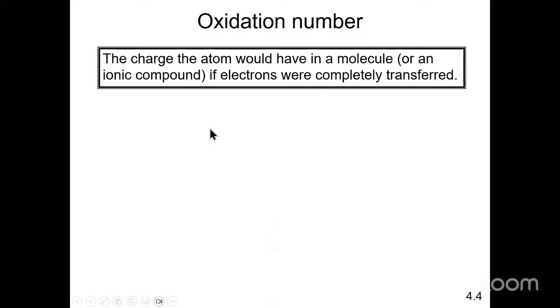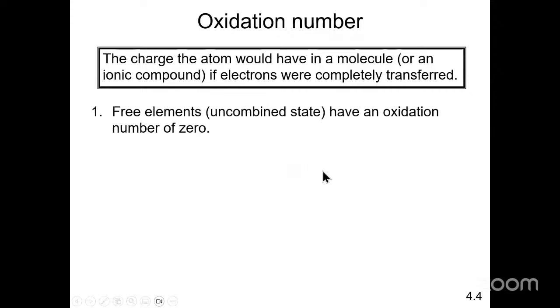As I said before, this is going to be a bit of a review, so this should look familiar to you. We're going to go through some of the rules for determining the oxidation number of an atom in a molecule or ion. The first rule, which is probably the easiest to remember, is that free elements not combined with anything else have an oxidation number of 0.